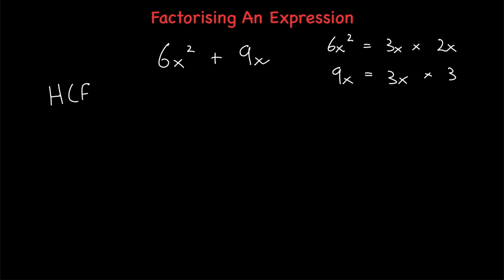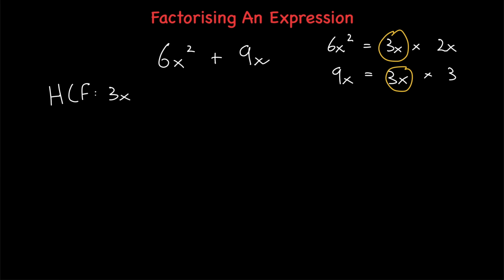And so from that, we can identify that the term that we can use to multiply to get both of the terms in our expression is 3x. So it's not just 3 by itself, and it's not just x by itself. It's actually this term. So our highest common factor for this expression is actually 3x. And so then that's the hardest part done.